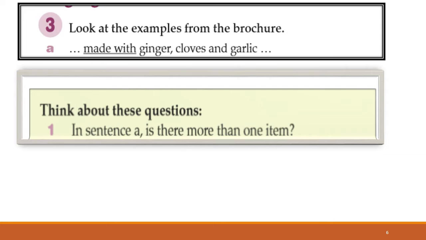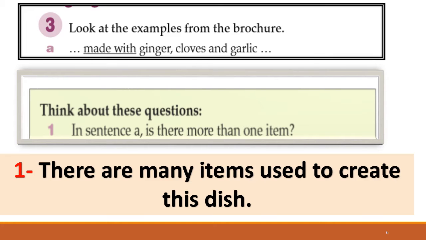In sentence A, is there more than one item? Yes, of course. What are the items here? Ginger, cloves, and garlic. Yes, that's why there are many items used to create this dish.